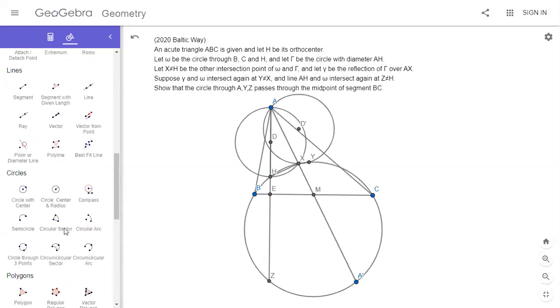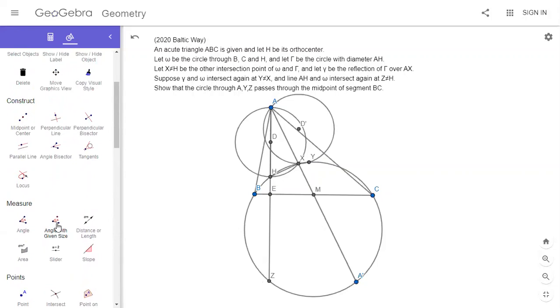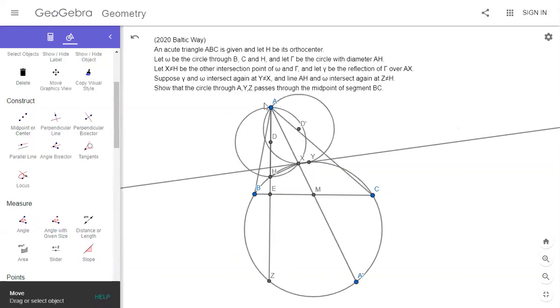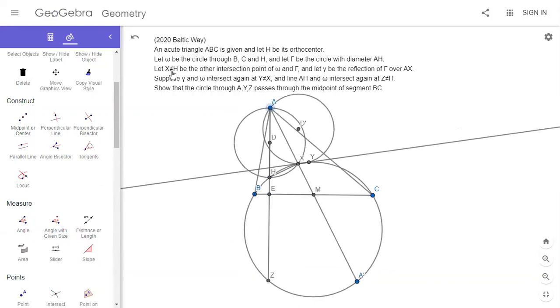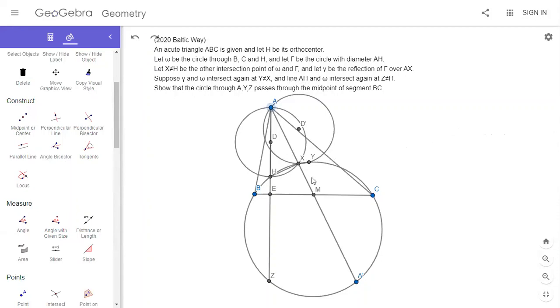I think it might be the case. Yeah, I think we have to show XY is the angle bisector of AYZ. I think that's true. Okay, I think we've solved the problem basically, because XYZ is equal to AHX and AYX is equal to AHX. So yeah, I think I've solved the problem.